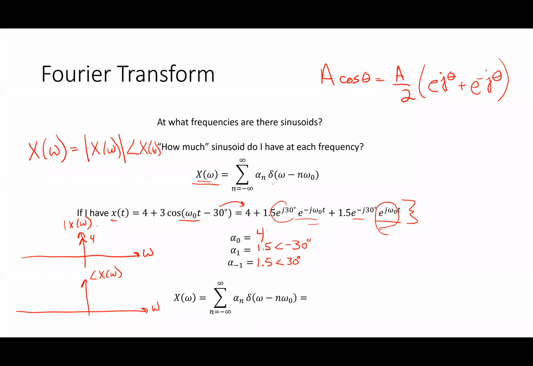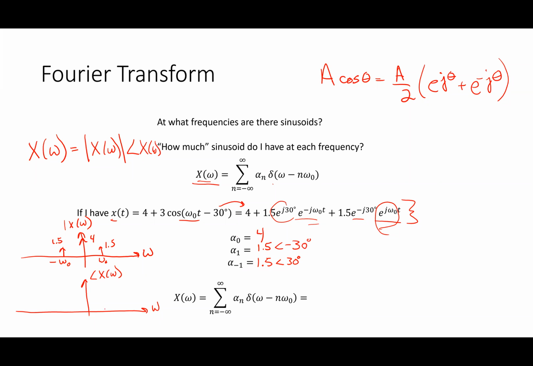And then you'd have 1.5 at omega naught. Why wouldn't it be going down if it's negative 30? Because that's the angle. The magnitude's always a positive number, and its location is omega naught and negative omega naught. Now, somebody other than Anthony, help me out with the angle. What would I say for the angle here?